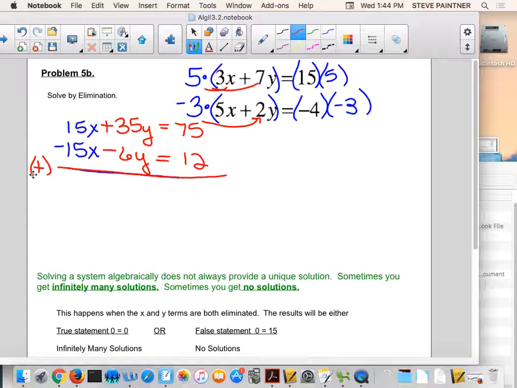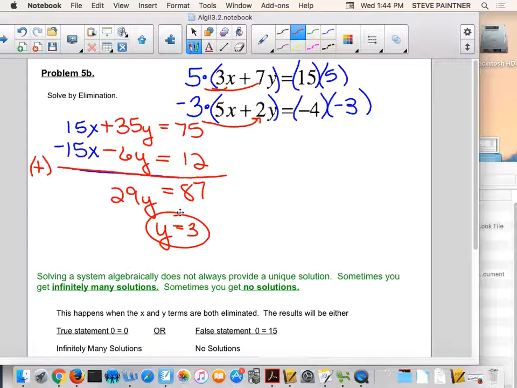You get nothing. This and this make what? 29y. This and this make what? 87. Divide by 29. Equals 3.